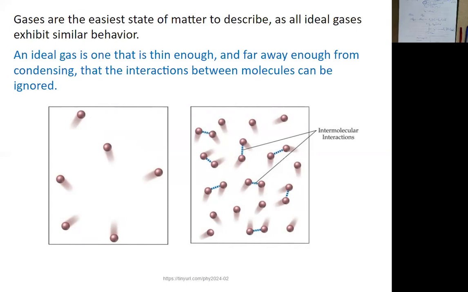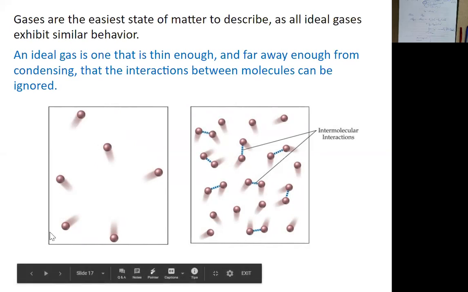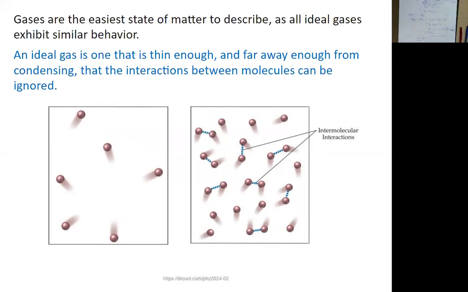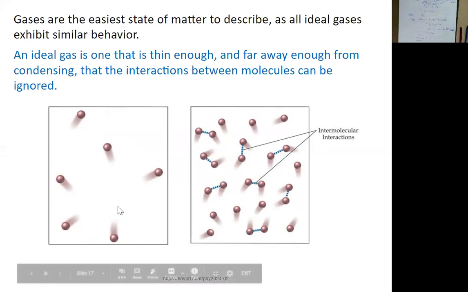So to start with, we will just assume that the gas molecules are just point particles. Take a look at these ones here. You can just treat them as small spheres, and they are very far away from each other. So the interaction between them, the intermolecular interactions, we can ignore.